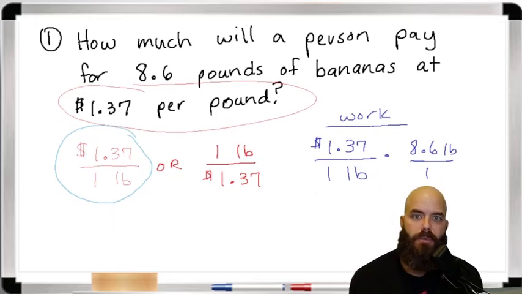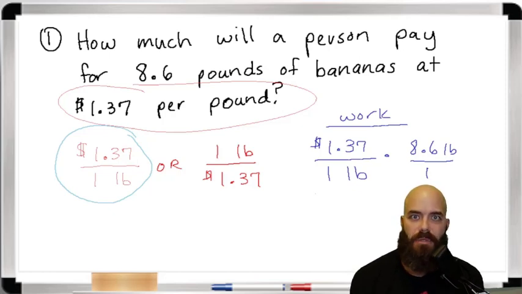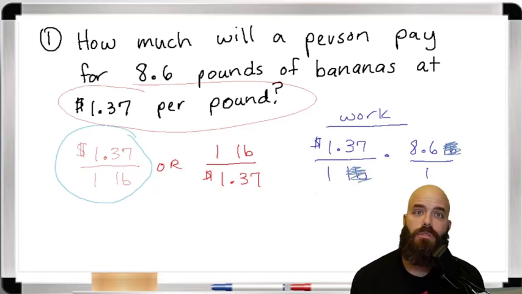What's cool about this is whenever you multiply fractions, remember, if you have the same factor in the numerator and denominator of a fraction, they reduce. Same thing with units. If you have the same unit in the top and the bottom of a fraction, they reduce. So my pound unit is now wiped out.